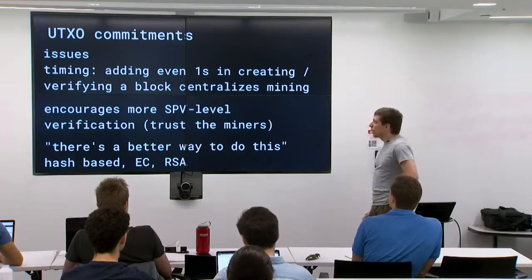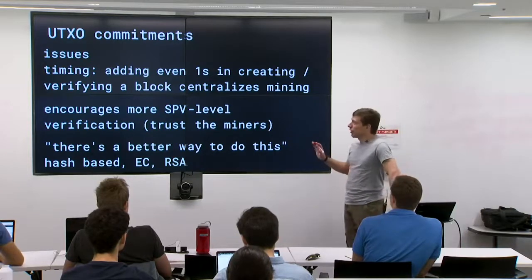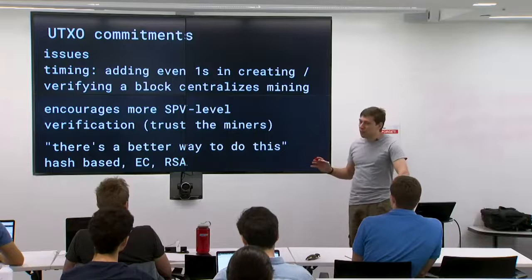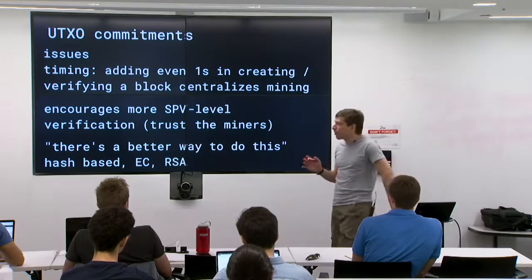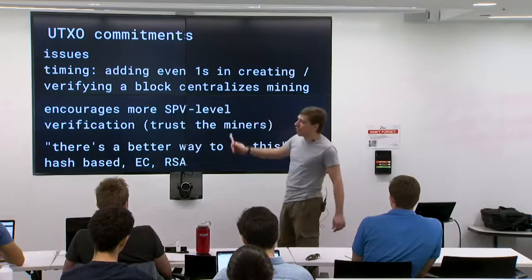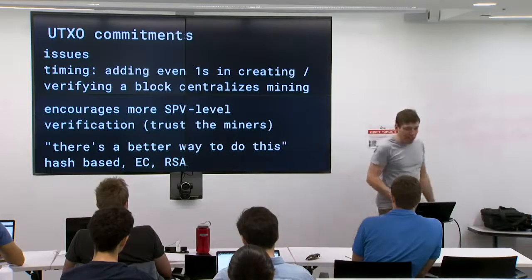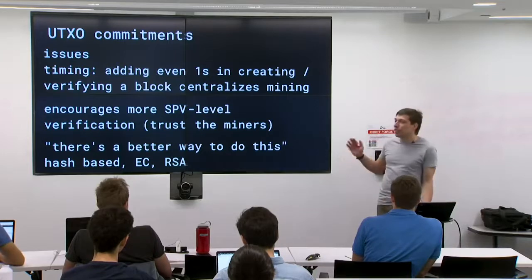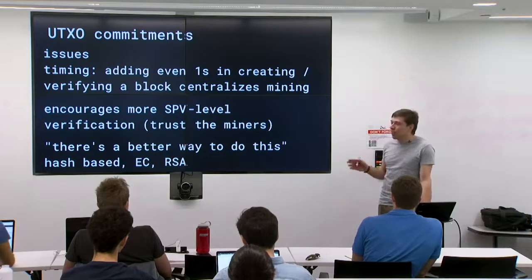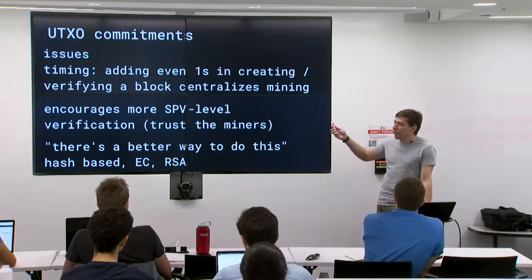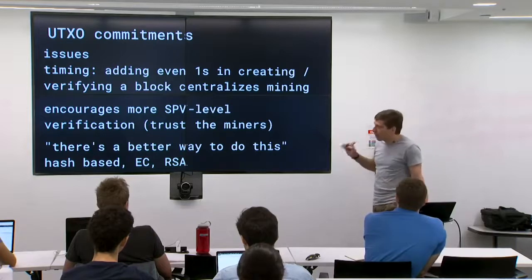So adding even a 1 second creation verification delay is something that a lot of the programmers are like, you can get it down to half a second, maybe we're okay. We want this functionality, but not at the cost of increasing that. That's the worst time to add something. If you can defer it, if you can say, oh, you need to verify this, but you can do it after the fact, then it's fine.